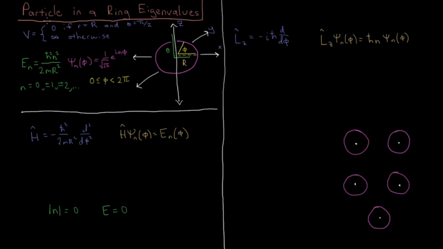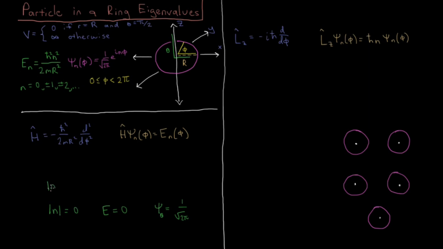So there's no potential energy, and for the E equals 0 state, our psi is just our normalization constant because it's e to the 0, which is just 1. So our particle kind of isn't doing anything. Our particle for psi 0 is just staying wherever it is. It's isotropic density all throughout the ring, and it has no energy, and it's just kind of sitting there.